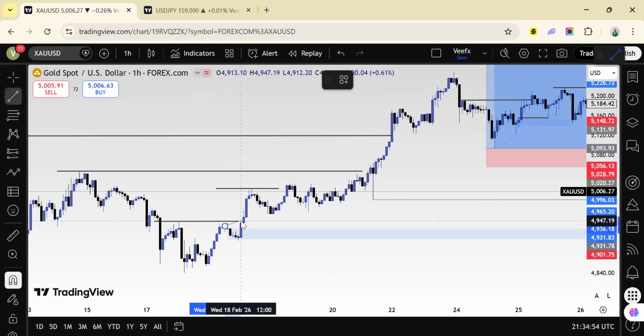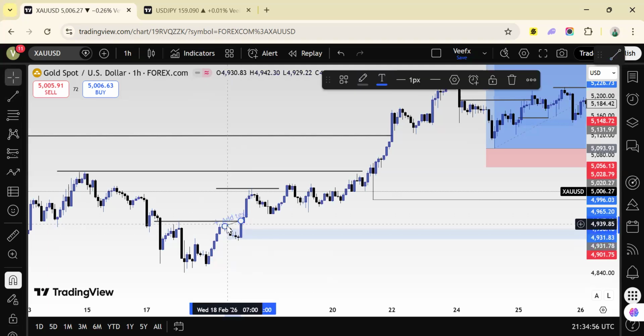So here we have a break of structure, and also we have a breaker block here because there was an order block here that was pushing price down. When price approached it, that order block was meant to push price down, but it broke past that order block. So here we have what we call a breaker block, right? Same thing here. This zone is pushing price down, and as price approached it, it was meant to push price down.